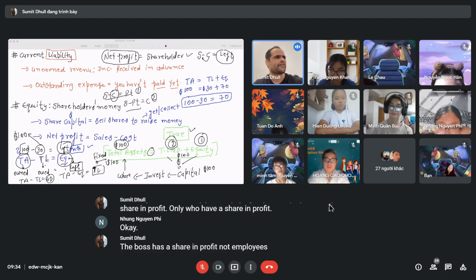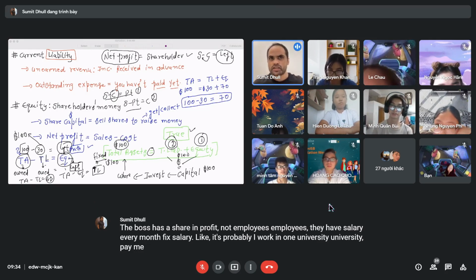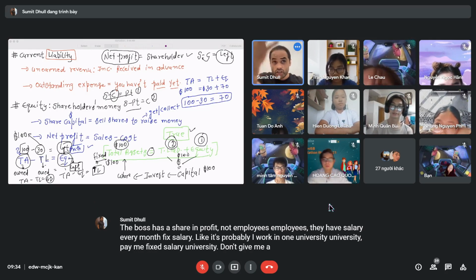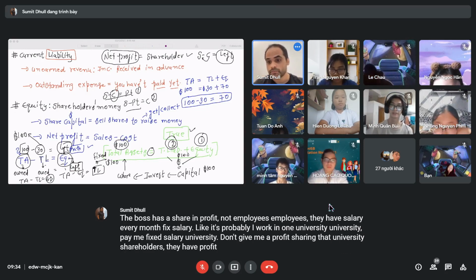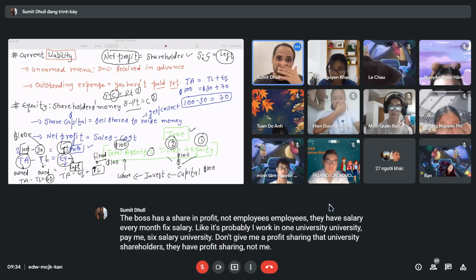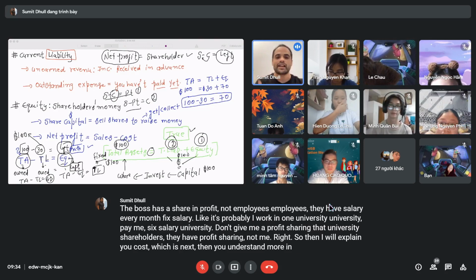Employees have a fixed salary every month. Like I work in one university, they pay me a fixed salary. The university doesn't give me profit sharing. The university shareholders have profit sharing, not me, right? So when I explain cost, which is next, then you understand in more detail what is inside cost.